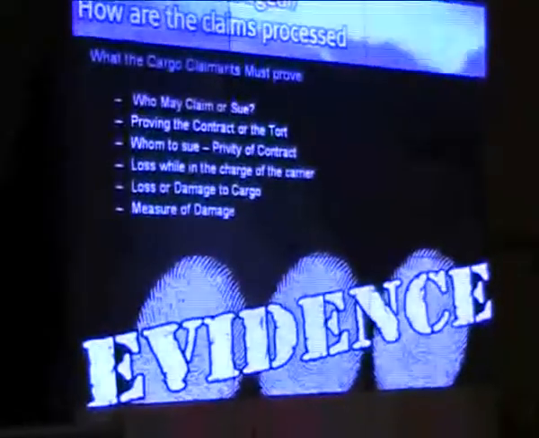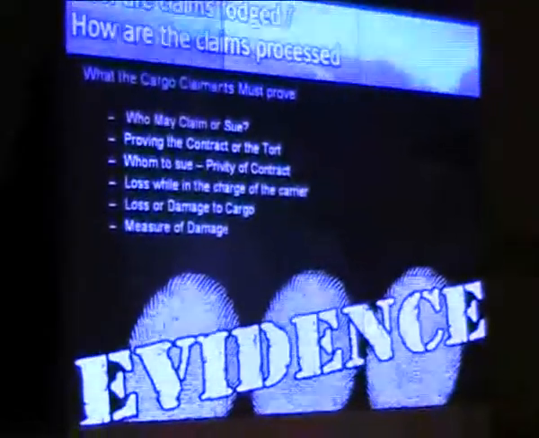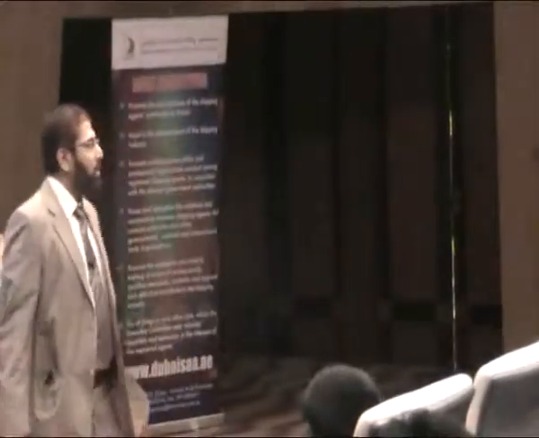The privity of contract. What is the privity of contract? The parties who are involved in the contract. Yeah, it is a contractual relationship. For example, I as a shipper give my cargo to a forwarder.